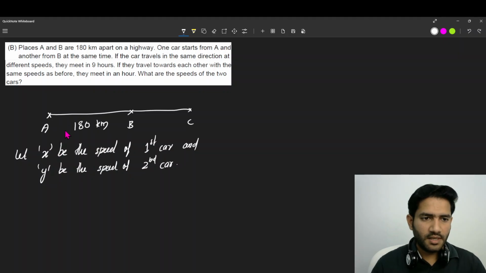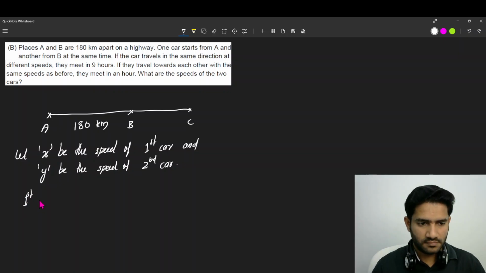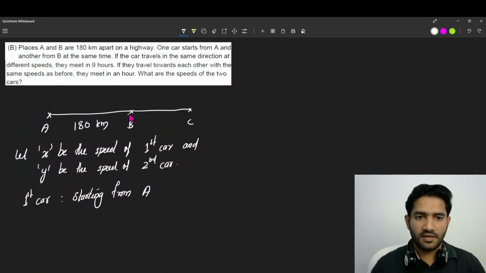Okay, so now for the case of first car, starting from A, and look here, the second car is starting from B and they meet together at C. So first car starting from A to C, at that time they meet in 9 hours.